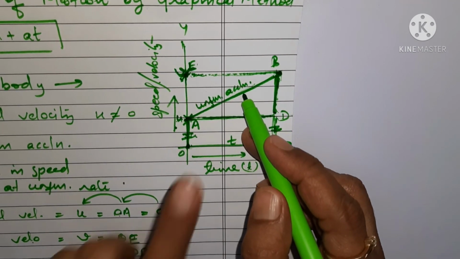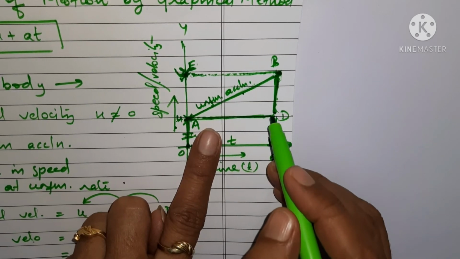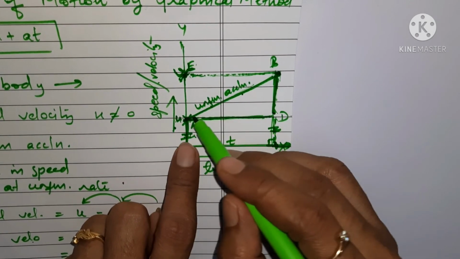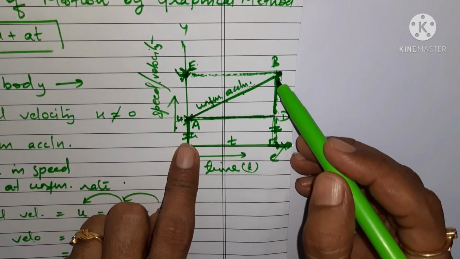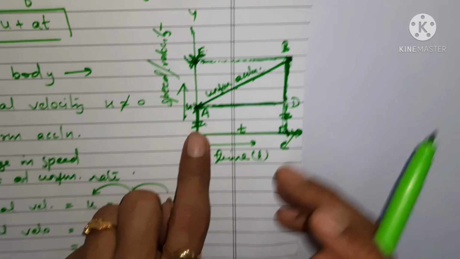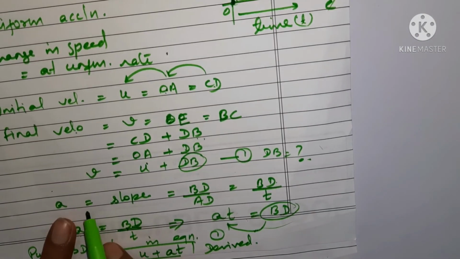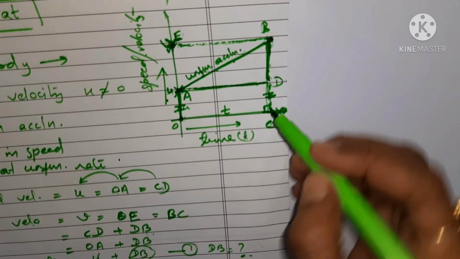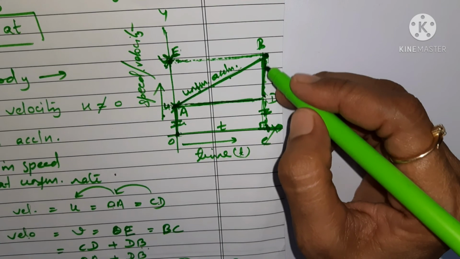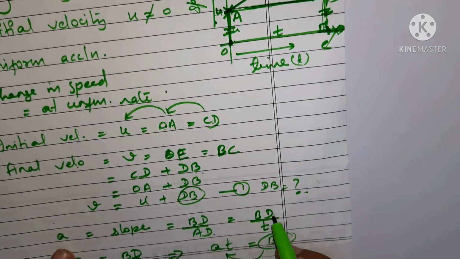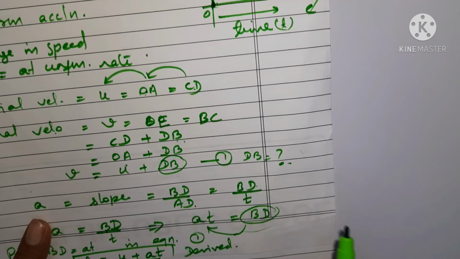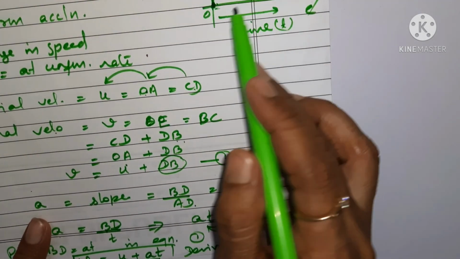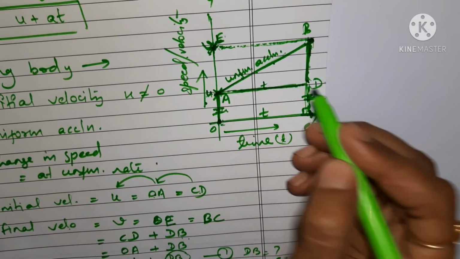The value of acceleration is equal to the slope of this graph. This slope is going to give you the value, and how do we find the slope? To find the slope, you have to divide BD by time. Slope is given by BD upon AD. So here we write BD upon T, because AD is T, time.